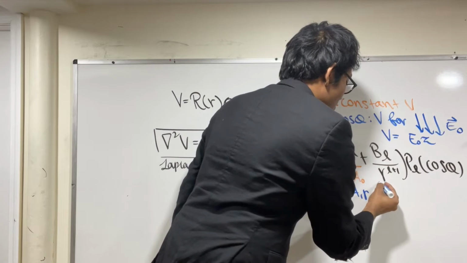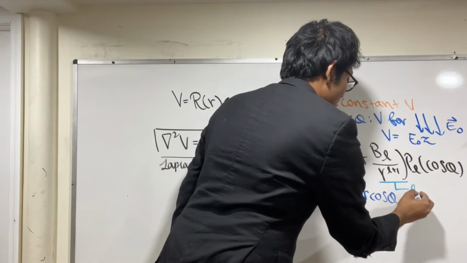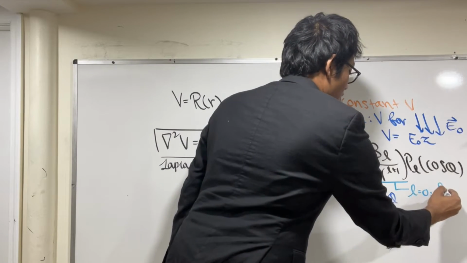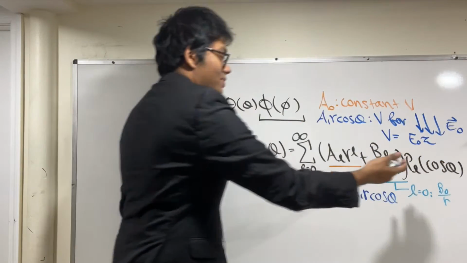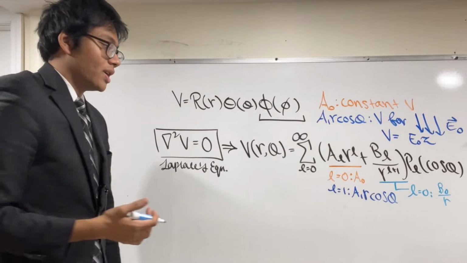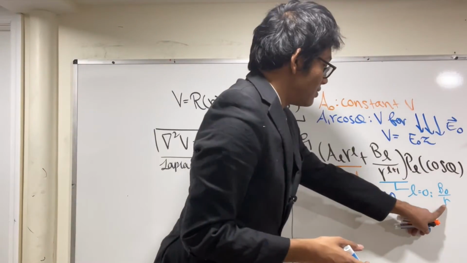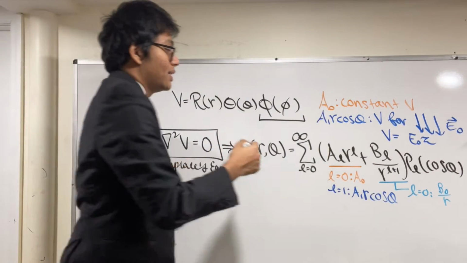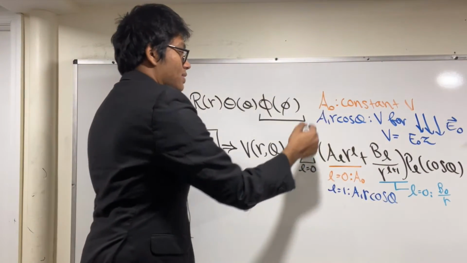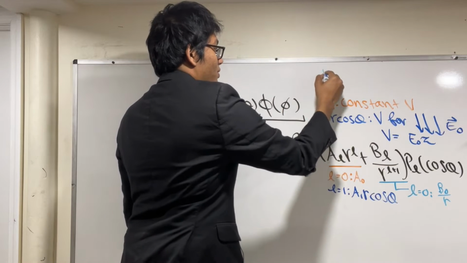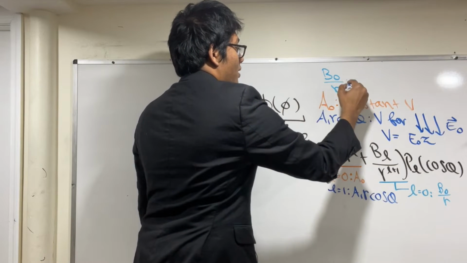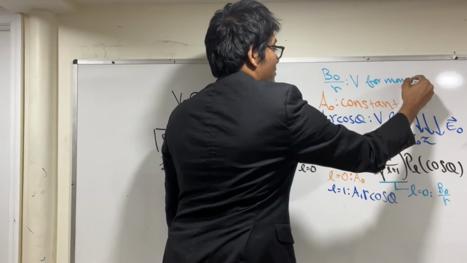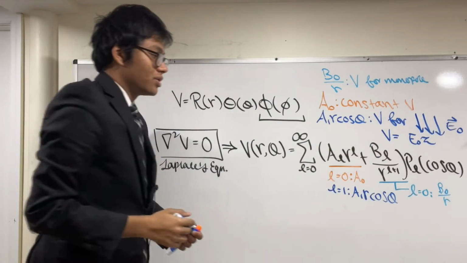Now what if l equals 0 for this other term? In this term, if l equals 0, we're going to have B sub 0 over r times P sub 0 of cosine theta, which is just 1. So what you're looking at right there is the potential for a point charge. It's the potential for a monopole, which is just a fancy way of saying a single charged particle.